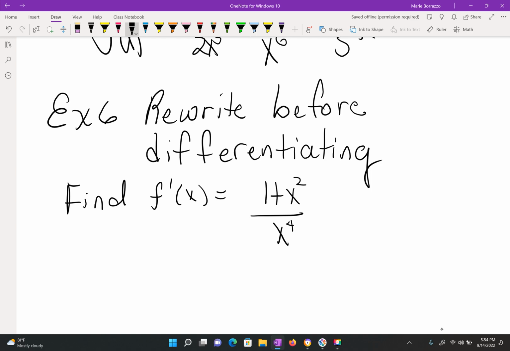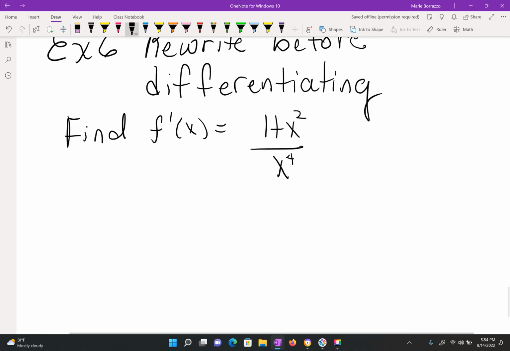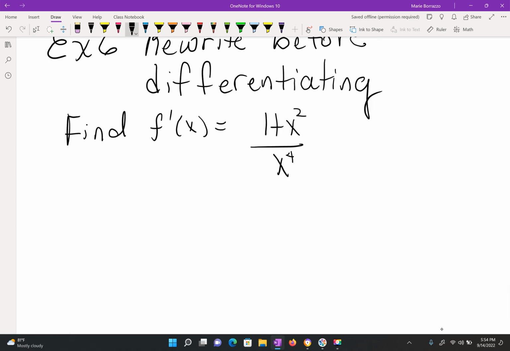And what they mean by rewriting is, you notice how this is a shared denominator, right? So you're going to spread it out so that this is 1 over x to the 4th plus x squared over x to the 4th. And so that's the first step you're going to take. The second step is, this is x to the positive 4 here.